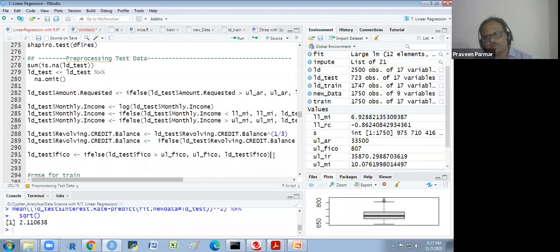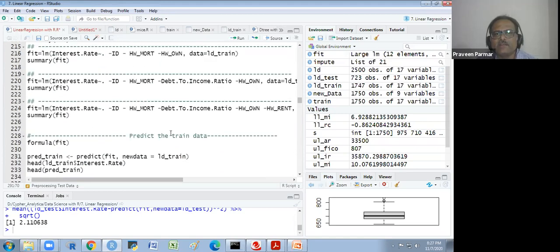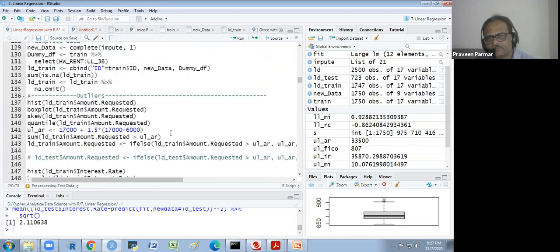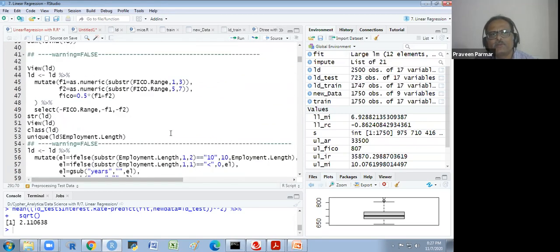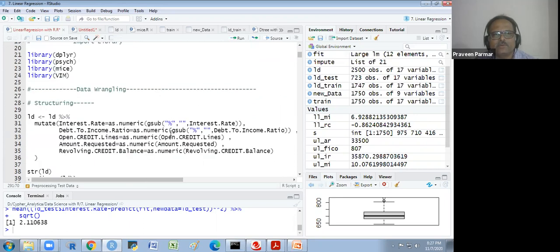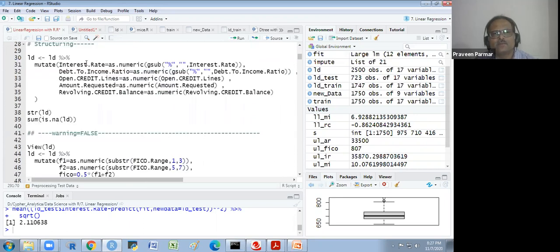Because we have partitioned the data, but if you get new data, then what do you have to do? Then you have to process the data from the starting. You have to start the data in this way. Correct?